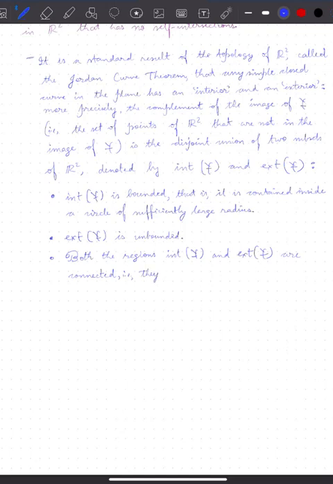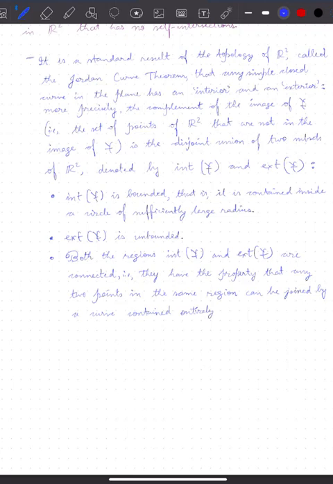That is, they have the property that any two points in the same region can be joined by a curve contained entirely in the region.